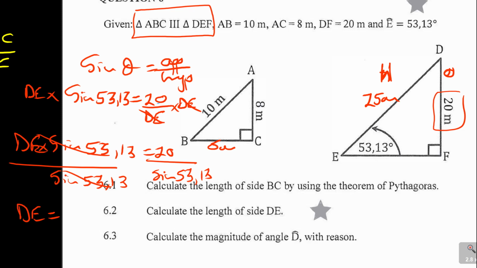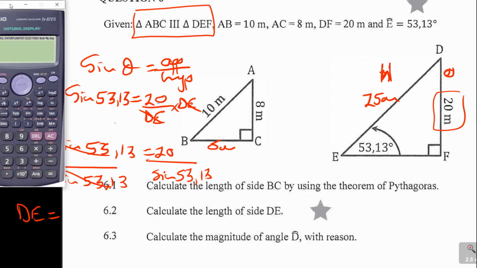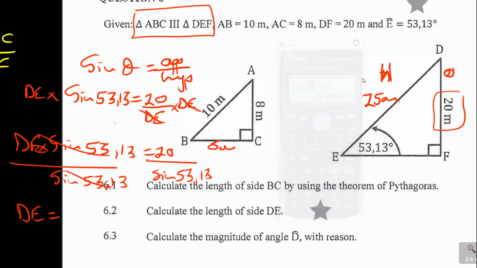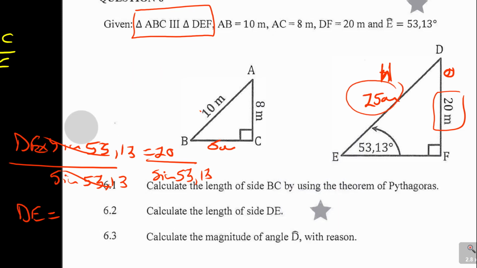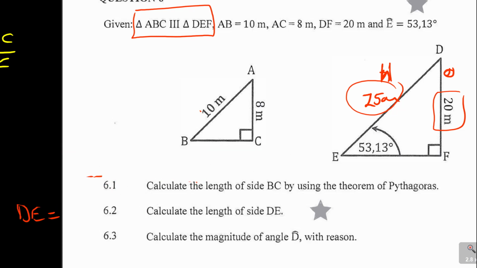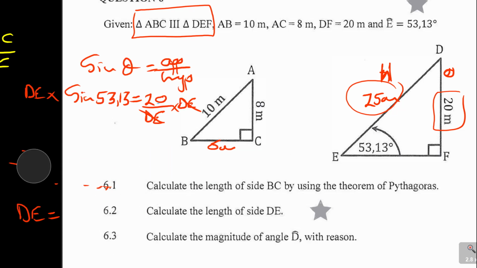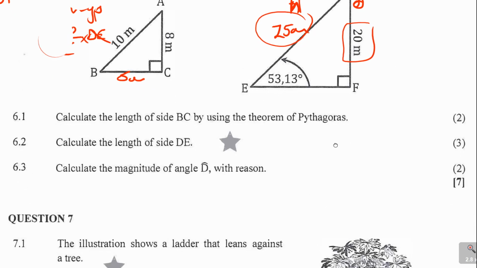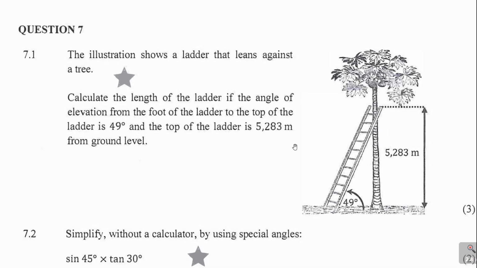Then your calculator can come in handy: 20 over sine 53.13 equals 25.0003. So 25 is still matching that 25. There are different ways we could have done it, but that is what it is. I think that's the end of this question. Actually, there is nothing much. 7 marks, yeah. Let's leave that.